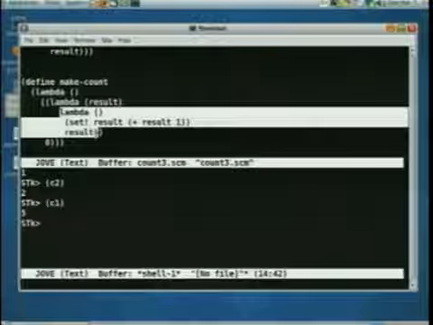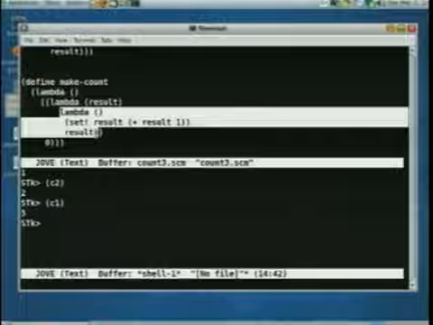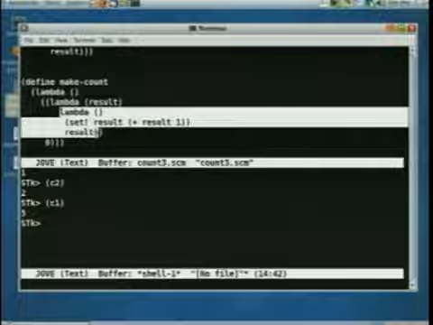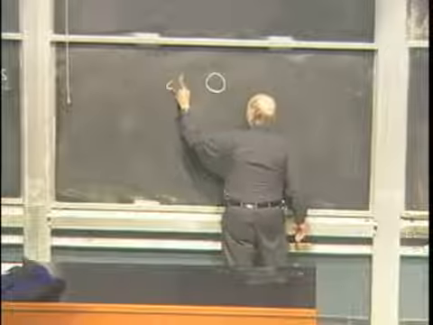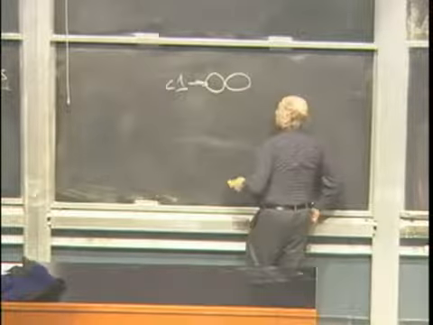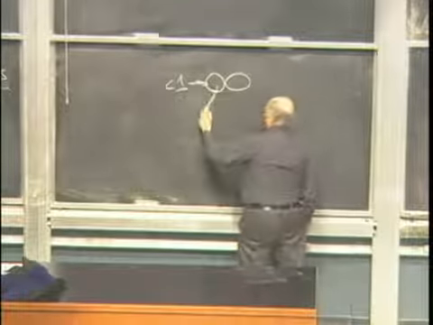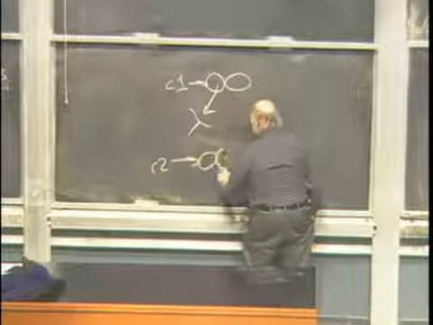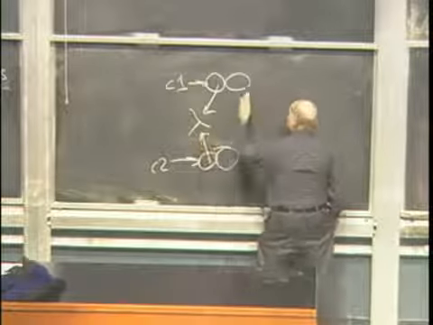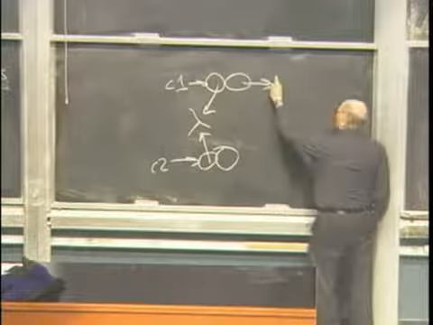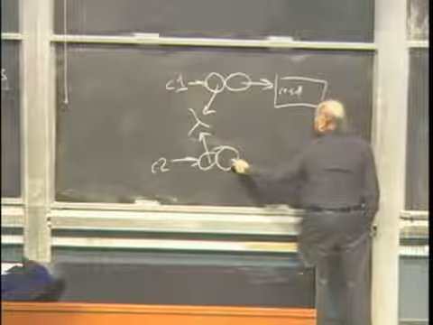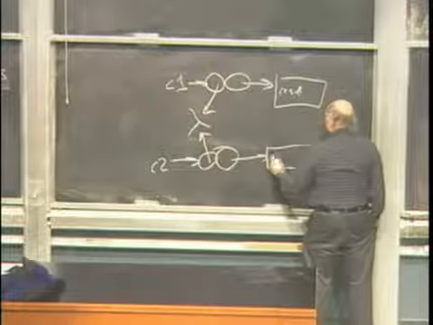Now, the way we get 2 different counters out of the same piece of code is C1 is this procedure, and C2 is this procedure, and they point to the same lambda expression but they have two different variables result.